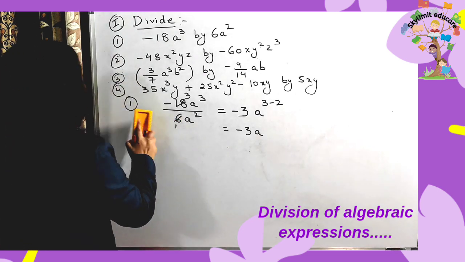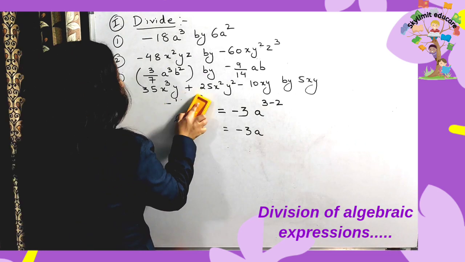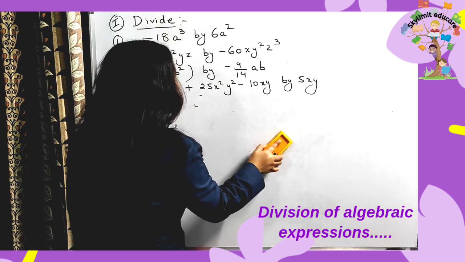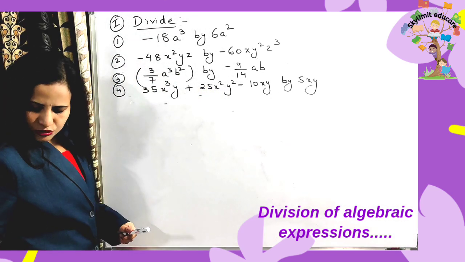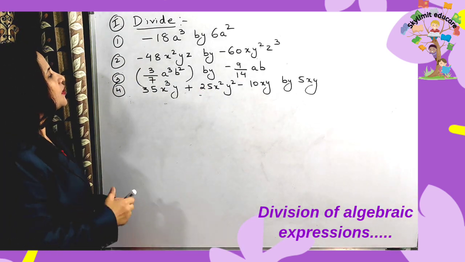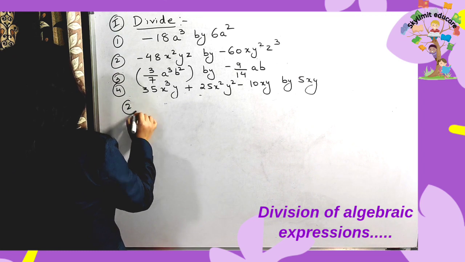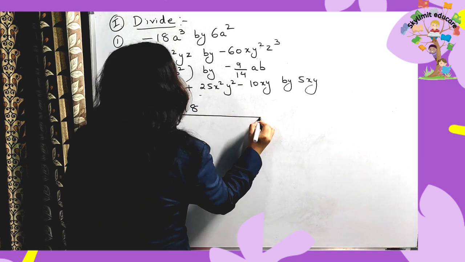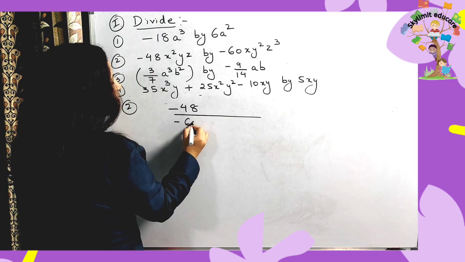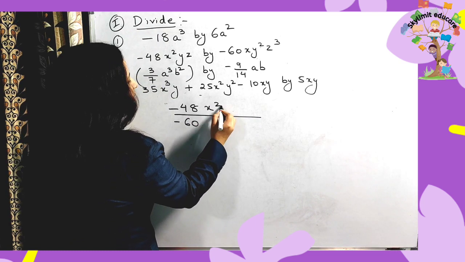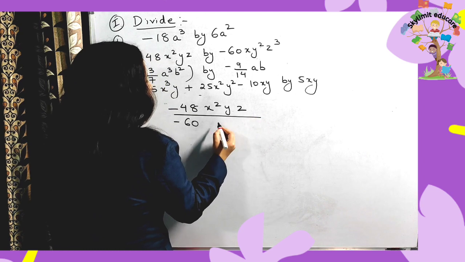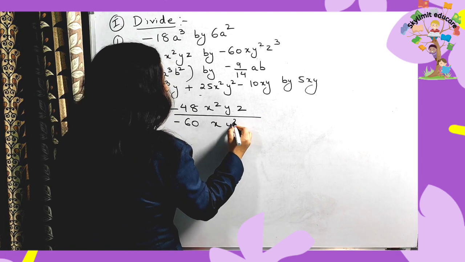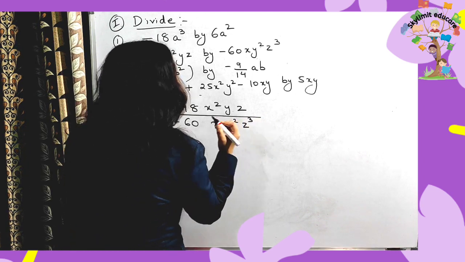Now let's come to the second question. Second question, you can see you are also having 2 monomials. So I'll be arranging and writing as I have written. Minus 48 x square y z, you'll be dividing with minus 60 x y square z cube.